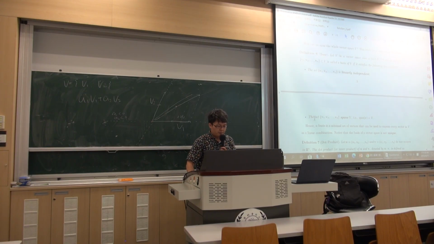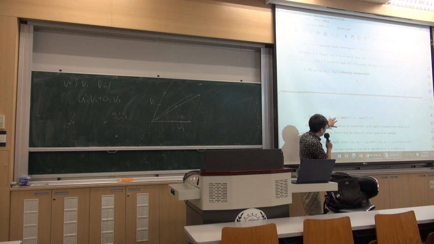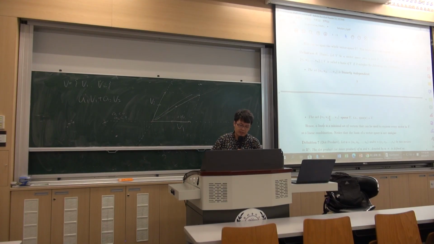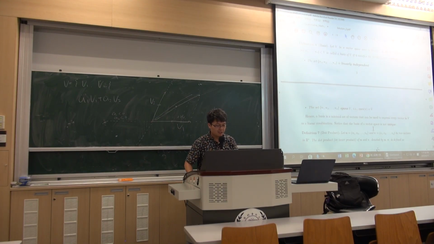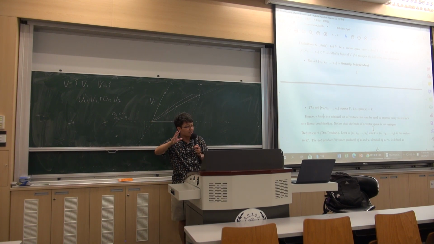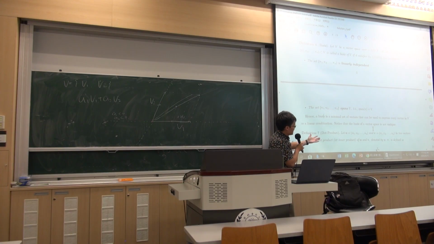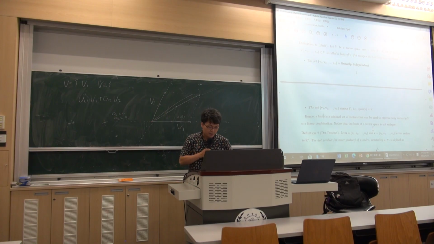And the span of this small v, the span of these vectors, has to be the big B over there. So you can think of that as the minimum set of vectors you need to express every vector in the big V as a linear combination. And of course, the candidate of basis is not unique. You can think of a lot of possibilities here.